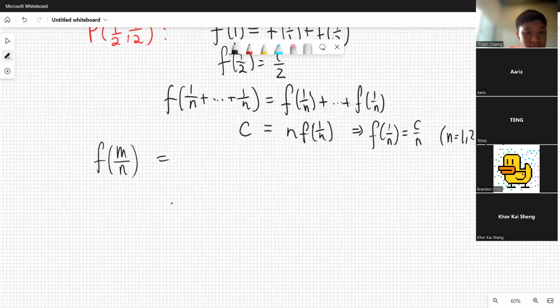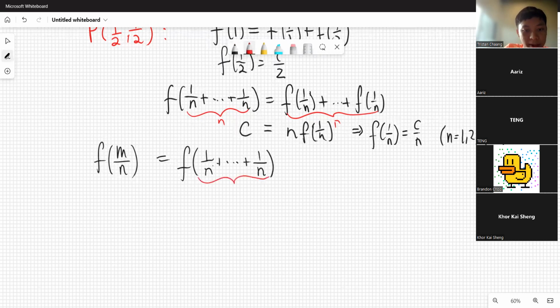So this is n times, and of course this is m times, 1/n plus ... plus 1/n, and there are m terms here.